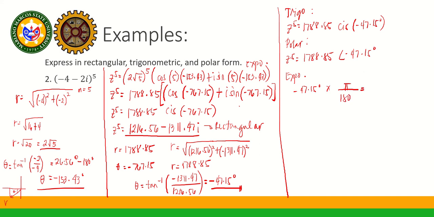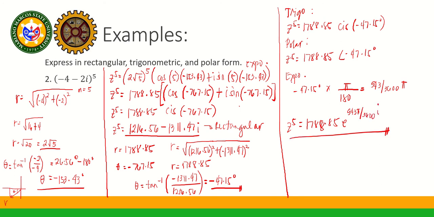So, this will be equal to 943 over 3,600. Okay. So, from there, our z raised to 5 in exponential will be equal to 1788.85 times e raised to 943, oh, I forgot yung pi niya, 943 pi over 3,600 i.